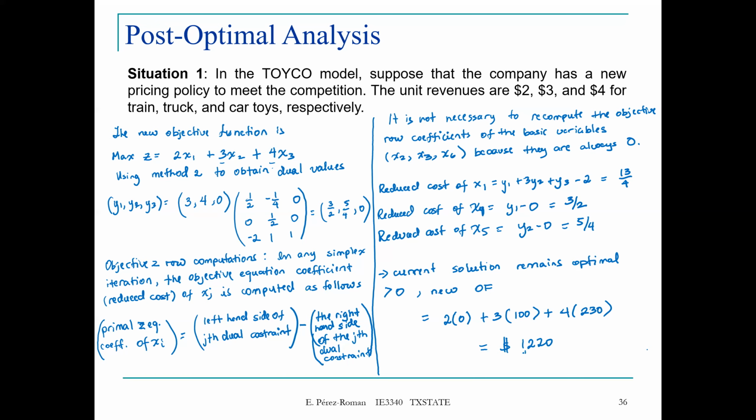So making these changes in the pricing is not giving you a better solution or better revenue.